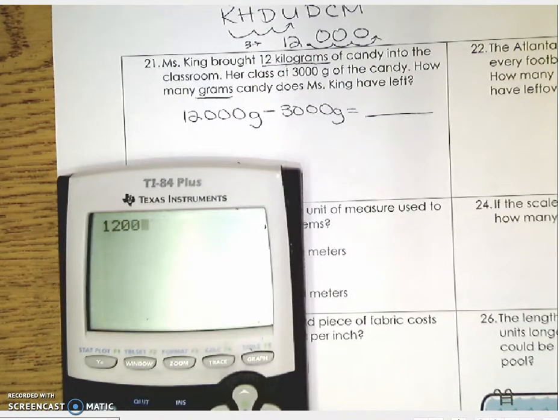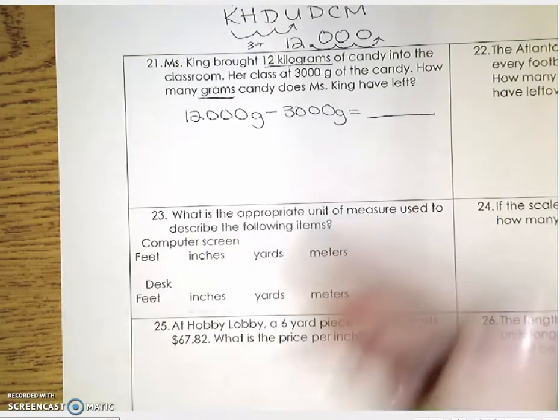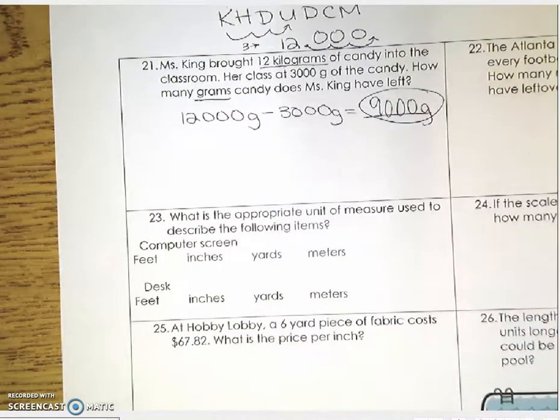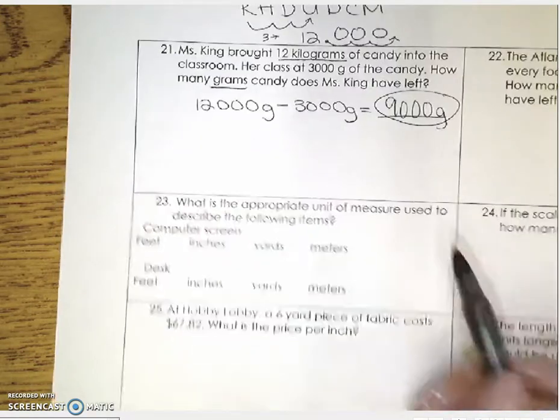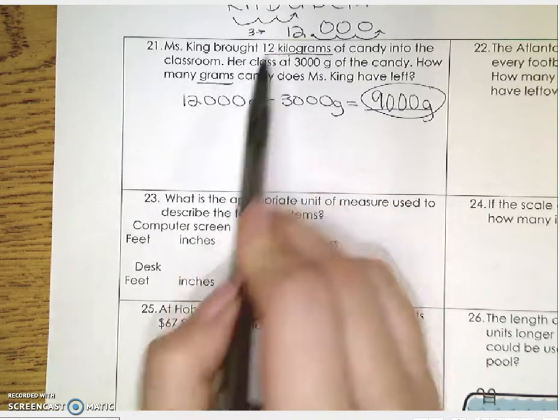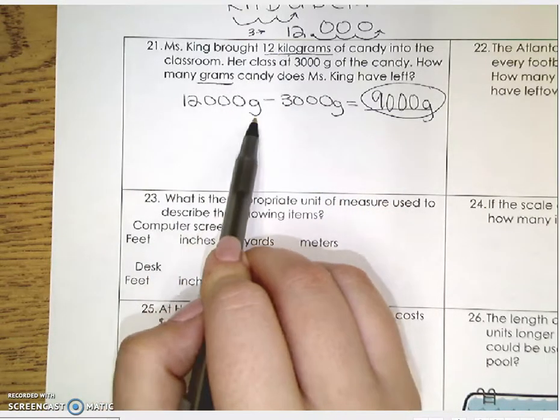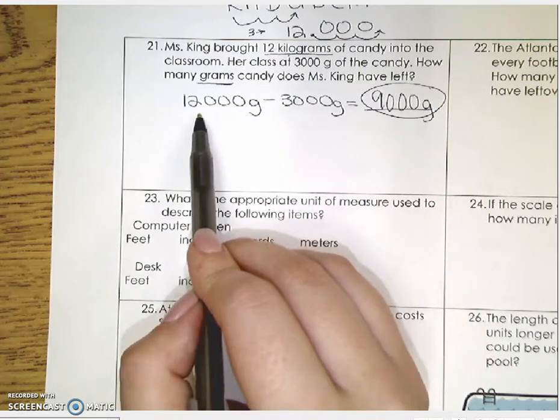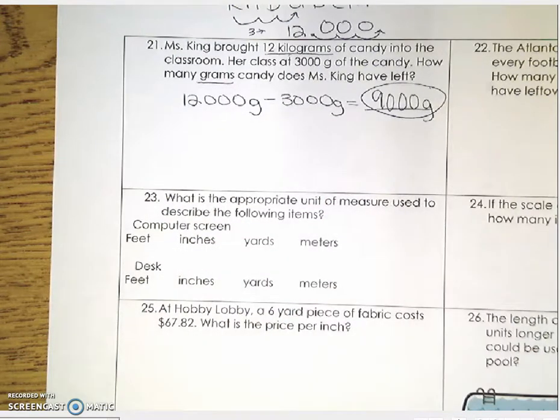So 12,000 minus 3,000 is 9,000. So Miss King has 9,000 grams left of candy because 12 kilograms converts to 12,000 grams. The class ate 3,000, so we can subtract 3,000, and we're left with 9,000.